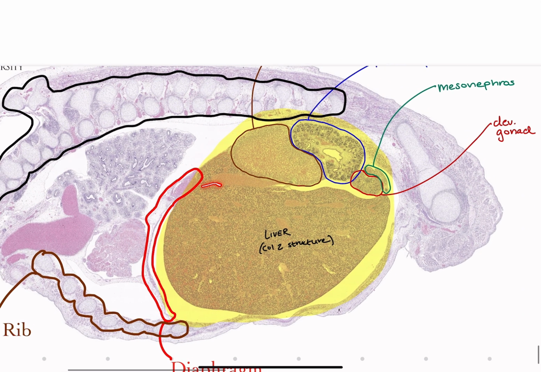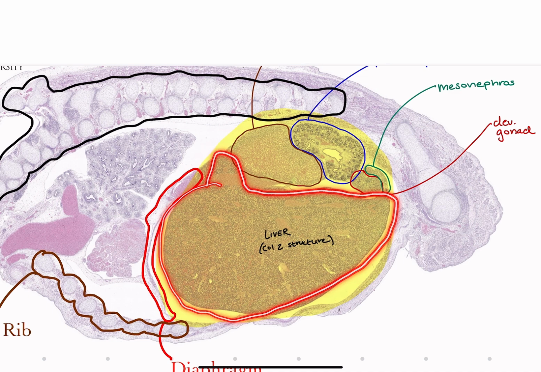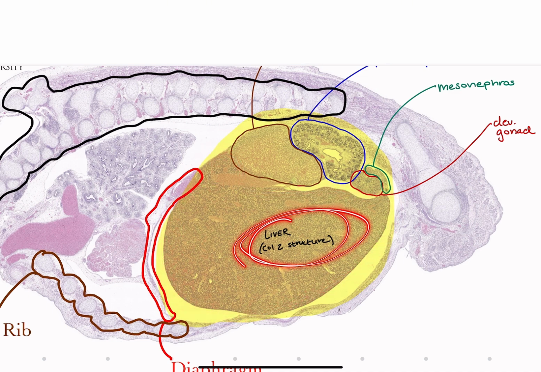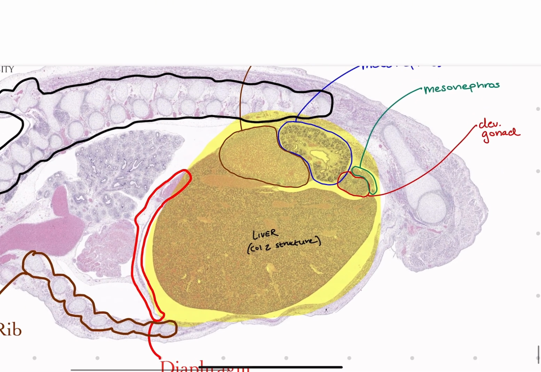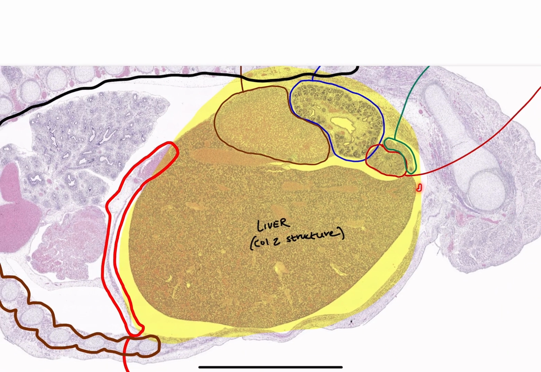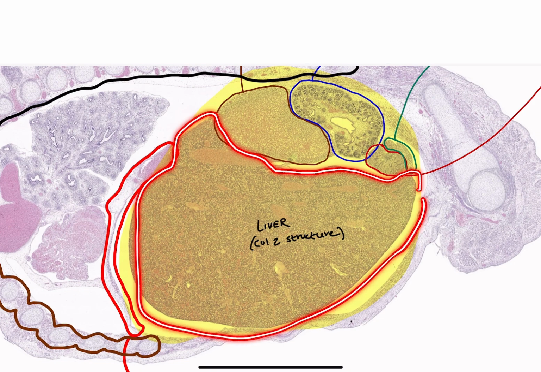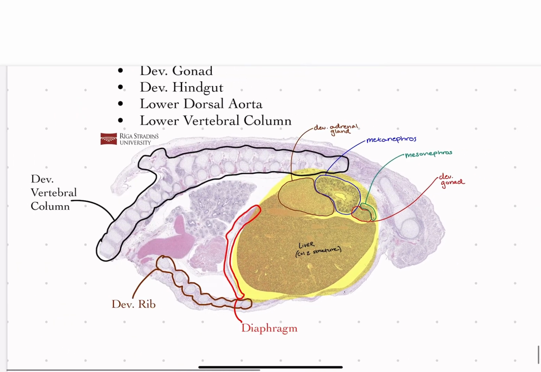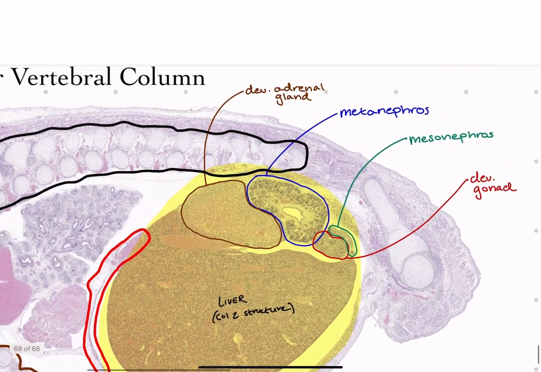We can see a very, very large organ here, known as the liver, of course. But this, again, is more of a colloquium 2 structure. We might see it, though, in colloquium 1, but we will not be asked about it. But it could be a good signifier of where we are within the sagittal cut of the embryo.